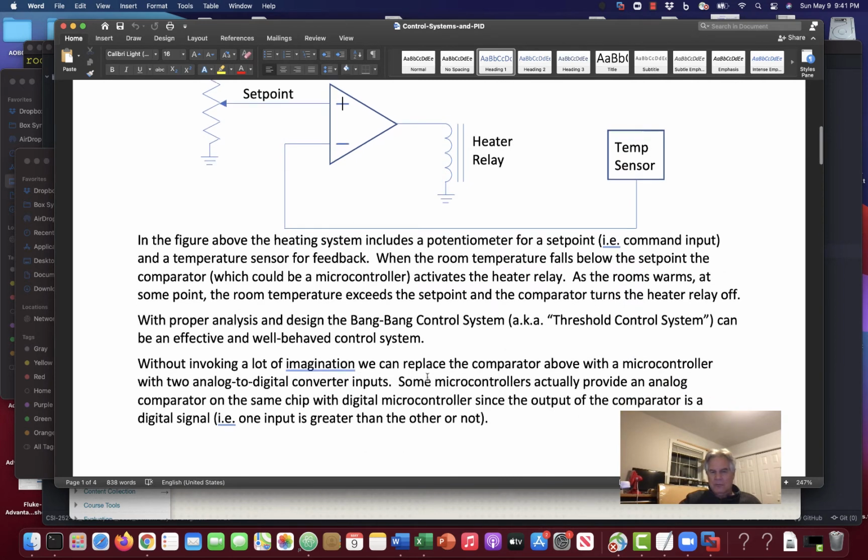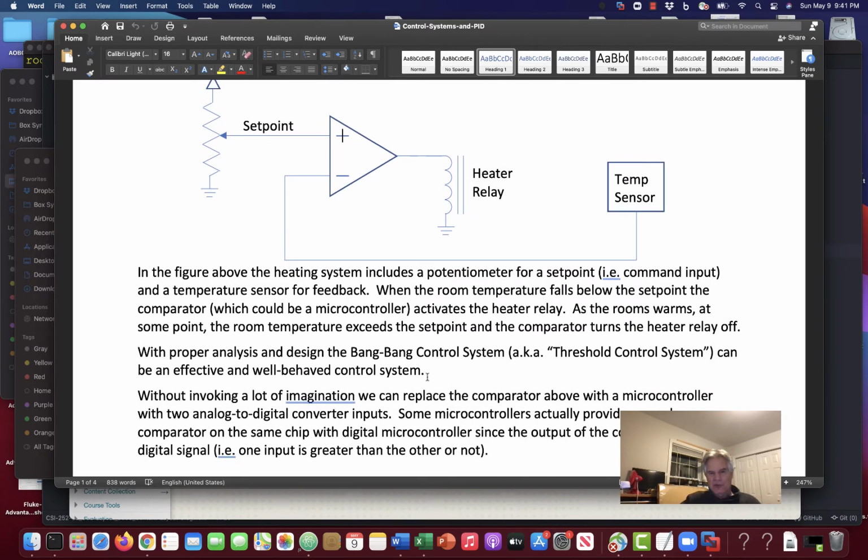I don't know what you've had in other control system courses, but some people will actually, and this is an important point, build control systems such that the threshold to turn the system into one state is, say, higher than the threshold to change it to the other state.